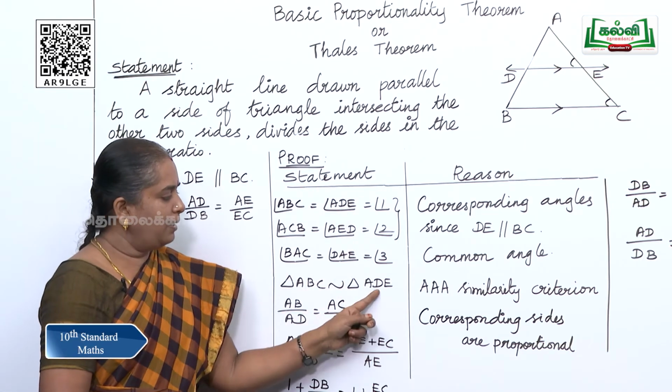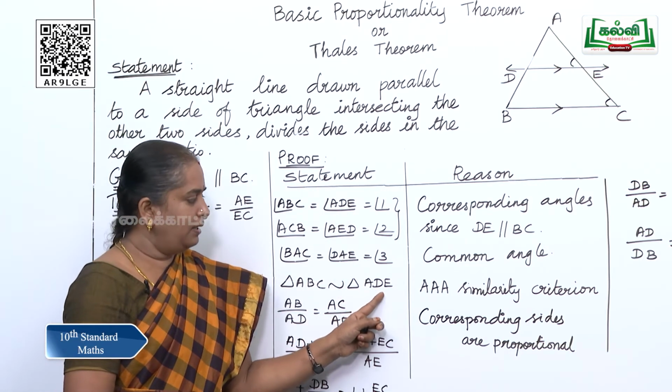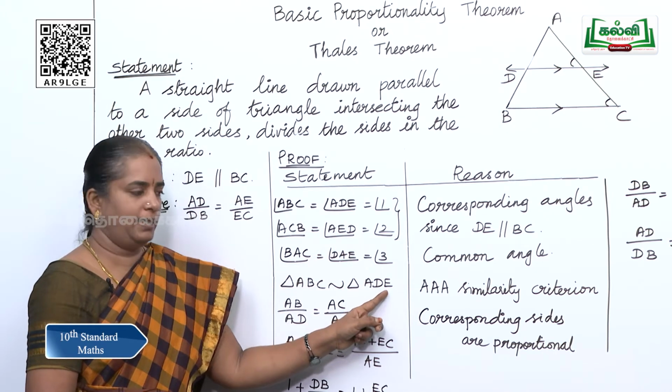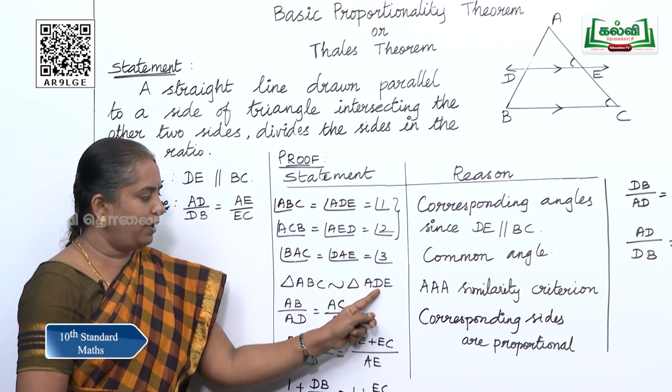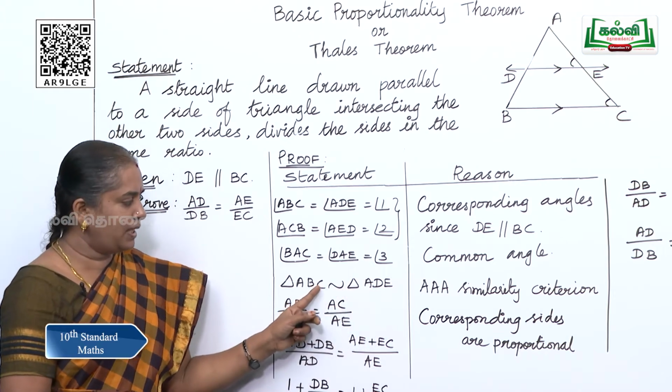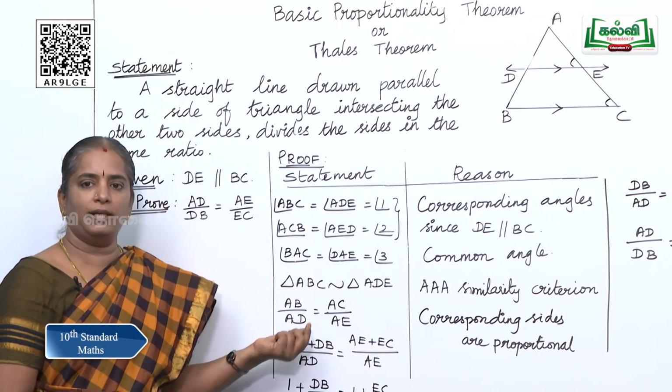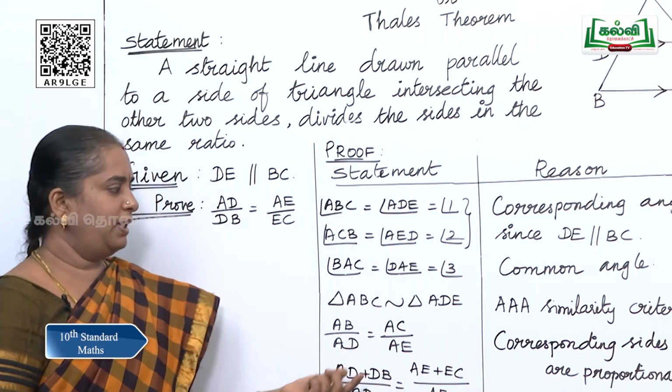So, we have to name A, D and then the third one, C is equal to E here. So, ADE. In the place of B we have to place D, in the place of C we have to write E, very good. So, the triangles ABC and ADE are similar, very good.